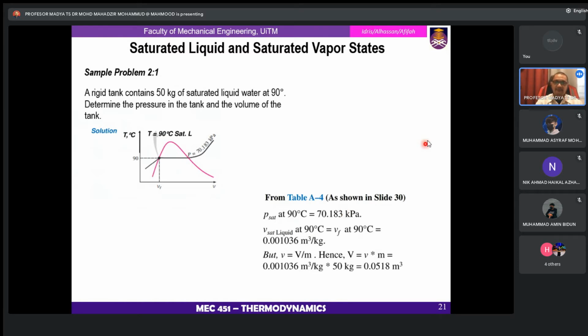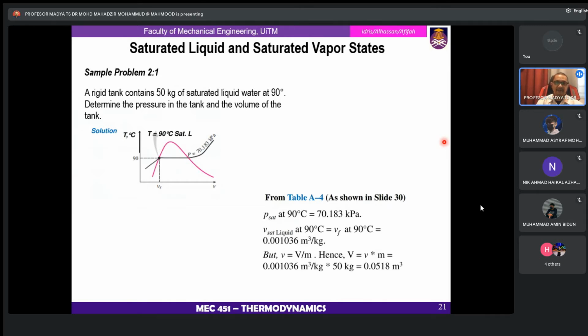Okay, let's look at an example to understand more of the situation that I have told you. We look at sample problem 2.1. A rigid tank contains 50 kilogram of saturated liquid water at 90 Celsius.